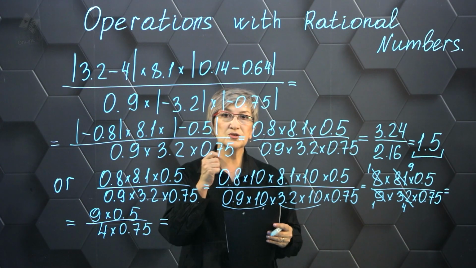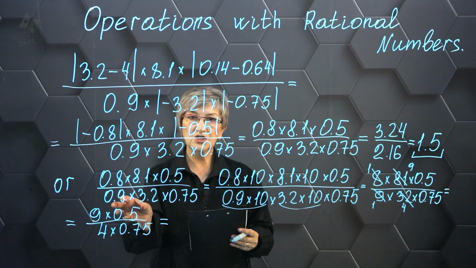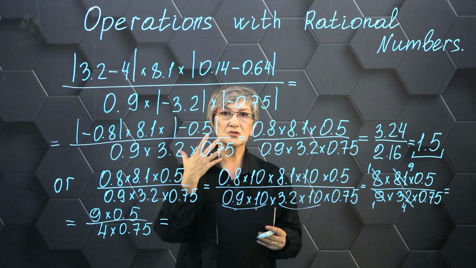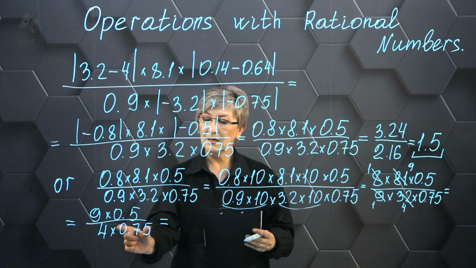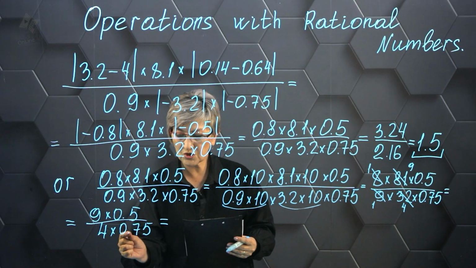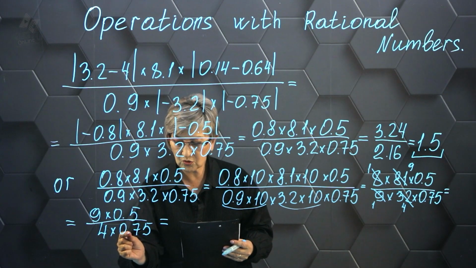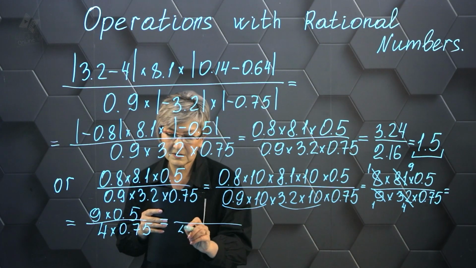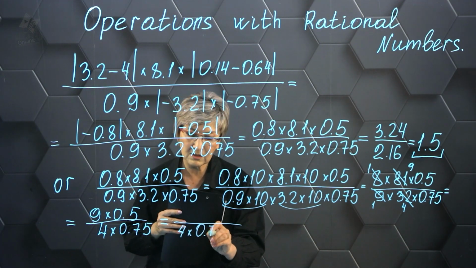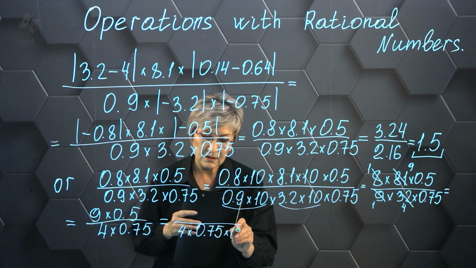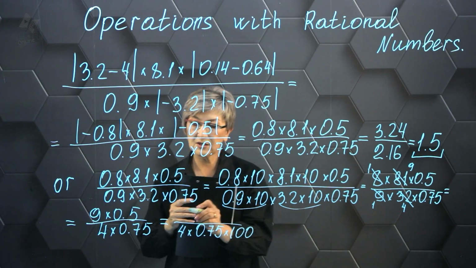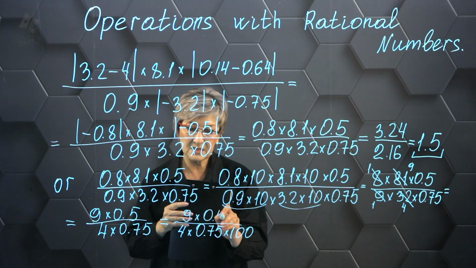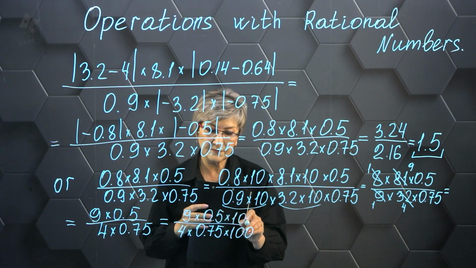In this case, we can once again multiply the numerator and the denominator by 10 or 100 or 1,000. But I see that in the denominator I need to move the decimal point 2 places to the right. And then I multiply the denominator by 100. But then I have to multiply the numerator by 100 as well.